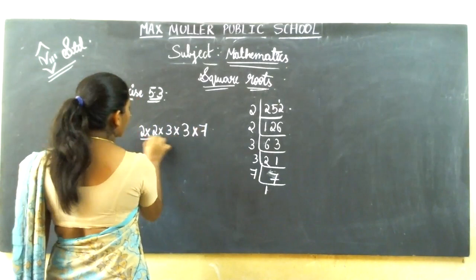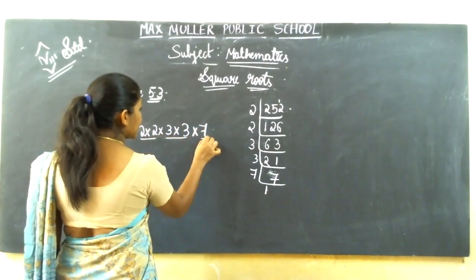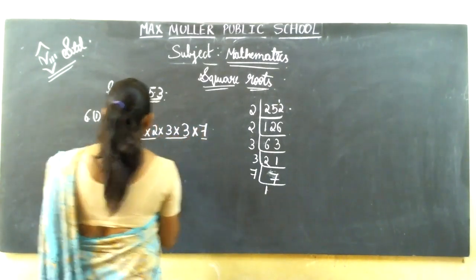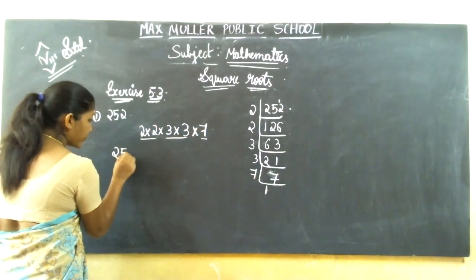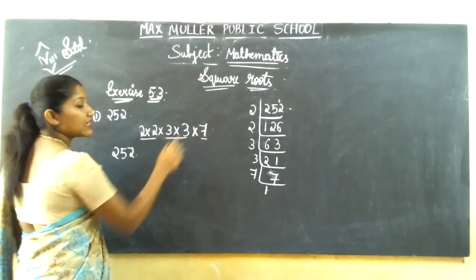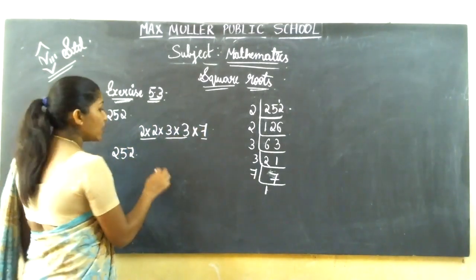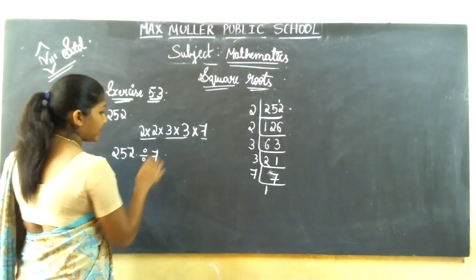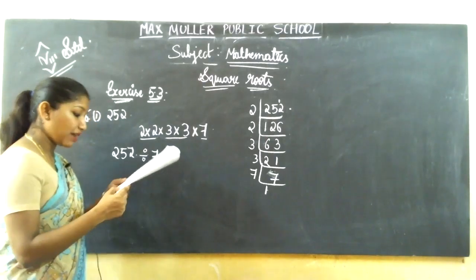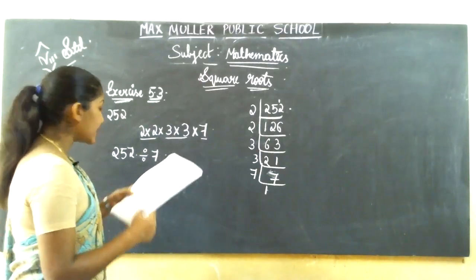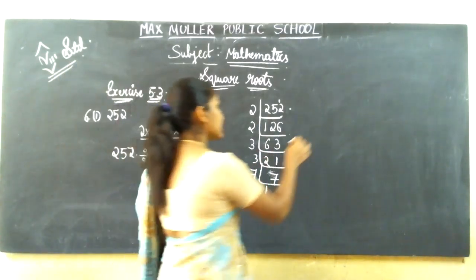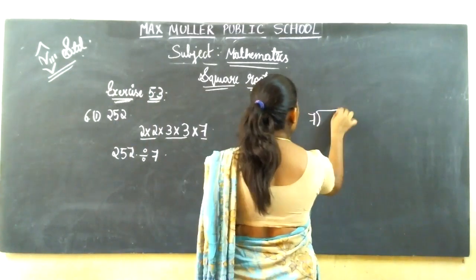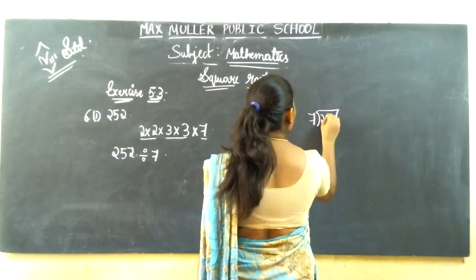See here, 2 cross 2, 3 cross 3, 7 is given. So you have to divide 252. As there is no pair for 7, what you have to do? You have to divide the number by 7. If you divide the number by 7, you will get 36. Let us divide 252 by 7.